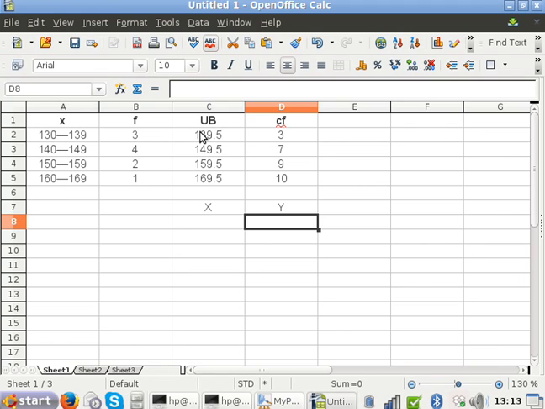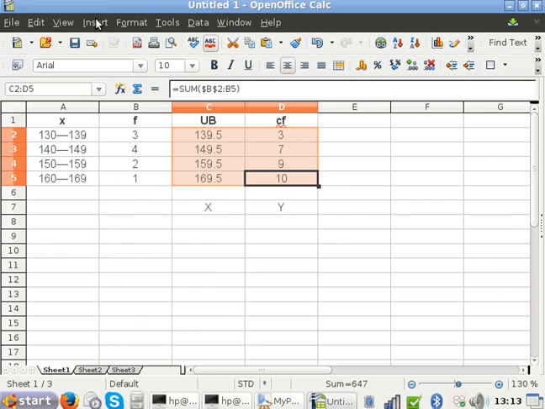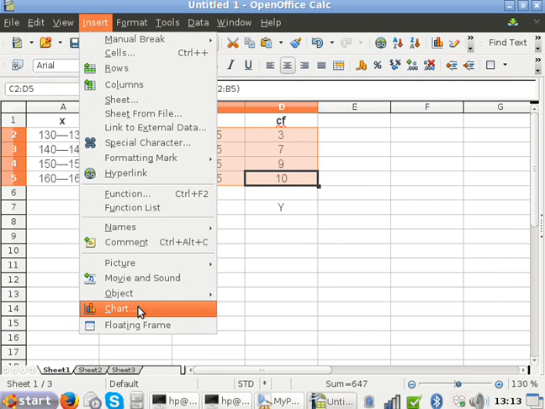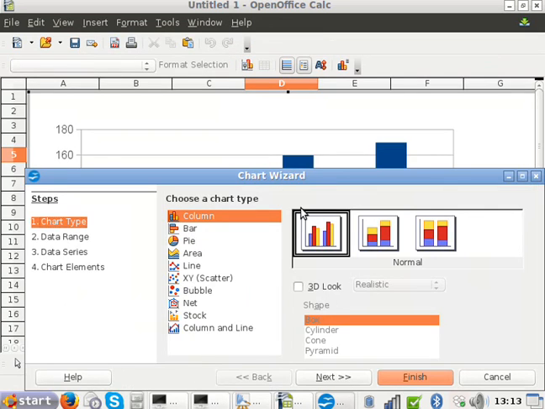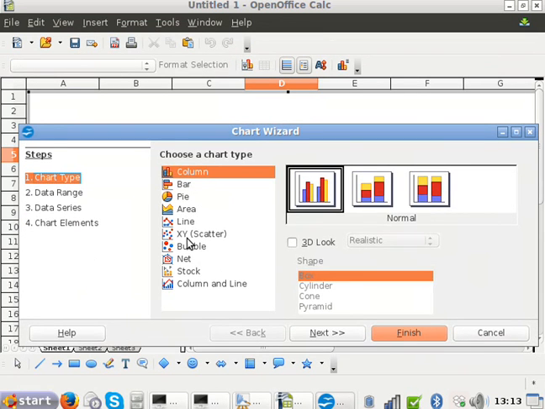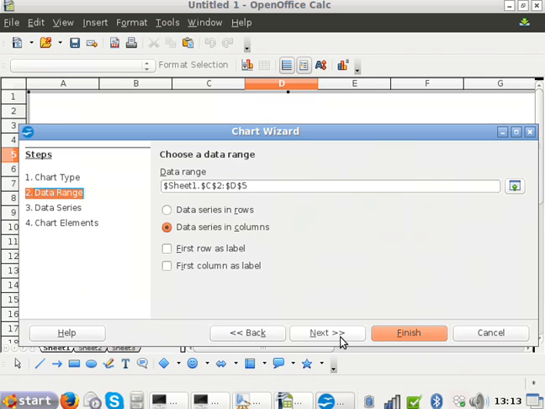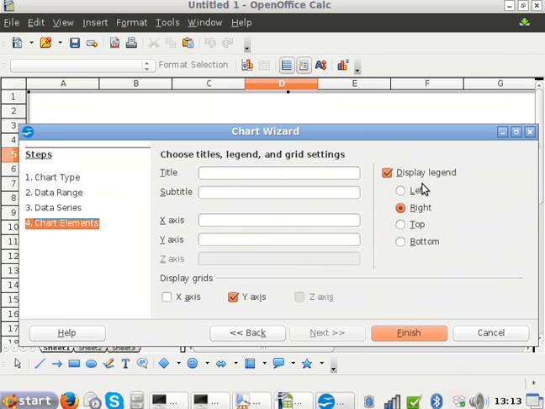So let's see, I'll get the graph here. So this is what I mean, it's like a line graph also. Okay. My first CF graph.